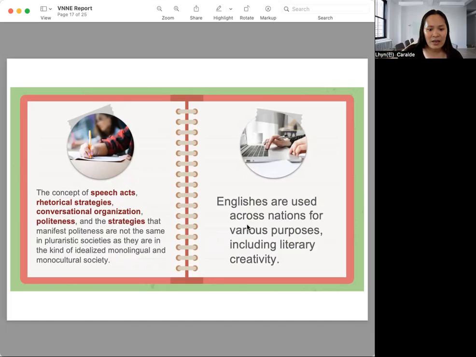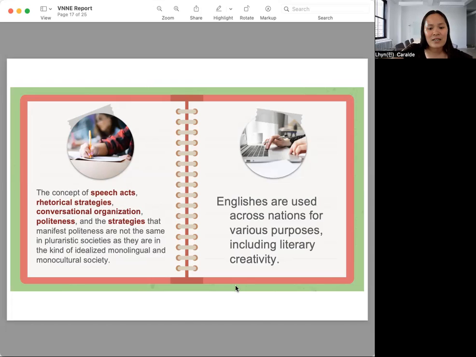And then Englishes are used across nations for various purposes, including literary creativity. So in literature, we learn or use English from literatures that we didn't identify as already in the literature, because nowadays we are using some of the words from it. We have a lot of words in literary creativity and writing.